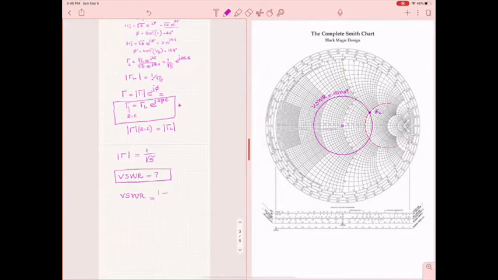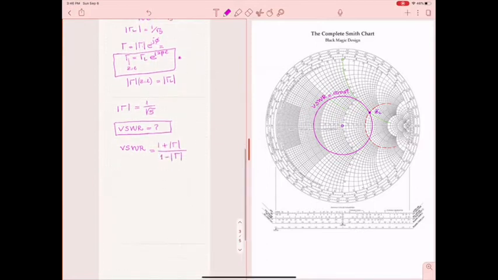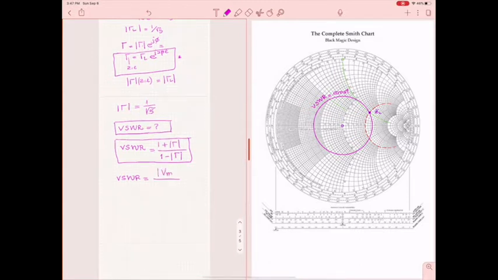It is 1 plus gamma magnitude over 1 minus gamma magnitude. And what does it represent? The standing wave ratio on the line. Yes, what is the standing wave ratio on the line? It is the V max over V min. Do you remember that?